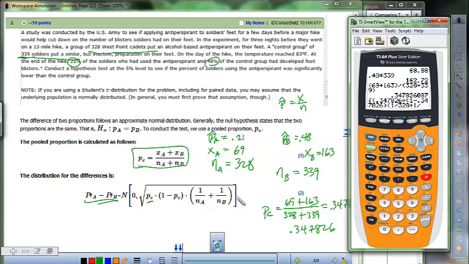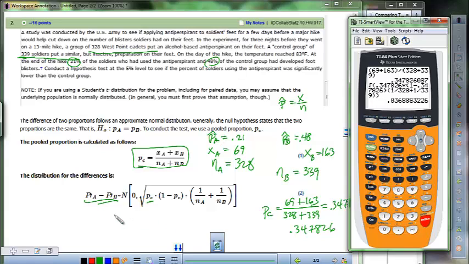So the second term is 1 divided by 339. And then now I'll close this parentheses that got opened up, and technically there's a parentheses around the whole square root, and so if you forget that parentheses, it's not going to be that big of a deal. If you forget the first one though, a calculator will complain. So let's just finish that up. Alright, so this is going to be the standard deviation that we're going to use.